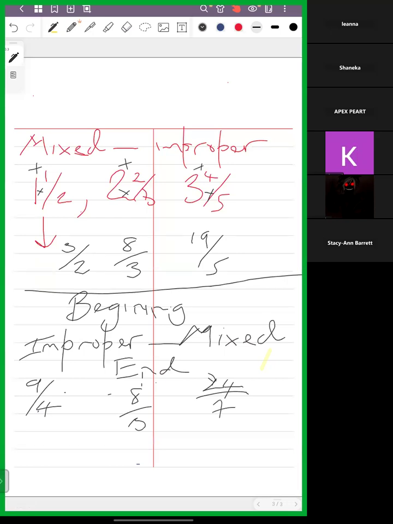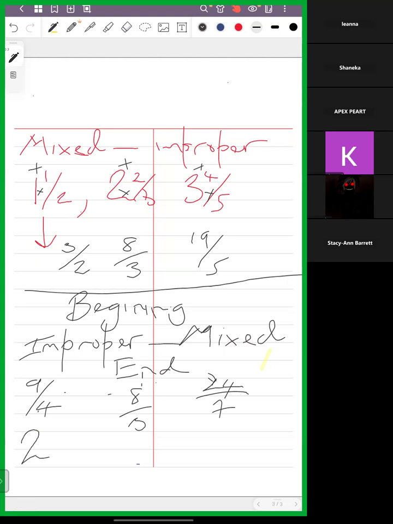So the idea here is, for 9 over 4, you want to ask yourself, how many groups of 4 can you get from 9? Or as we say in Jamaica, how many times can 4 go into 9? You're going to write down the number of times it can go into 9.